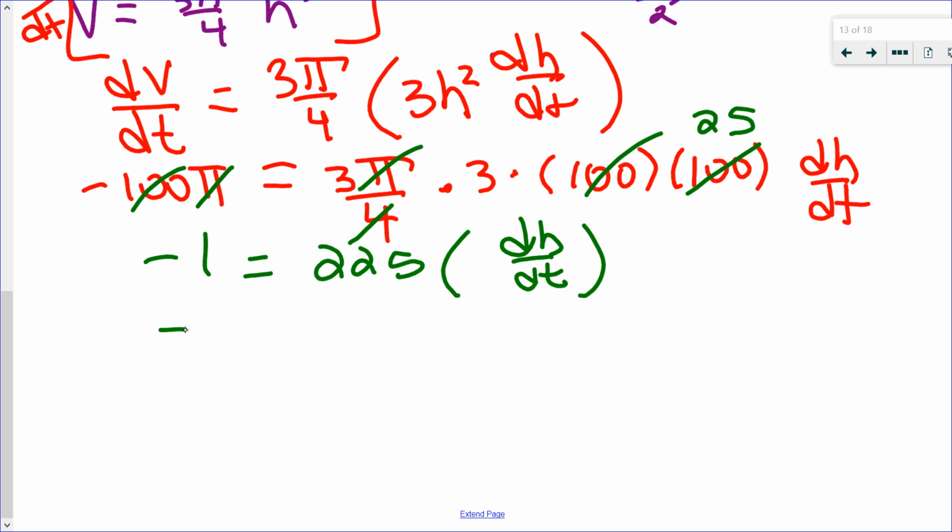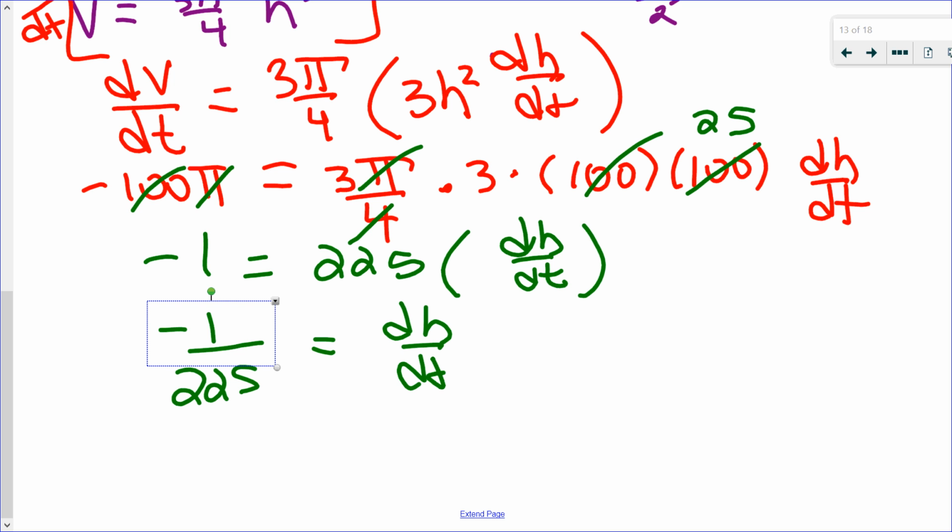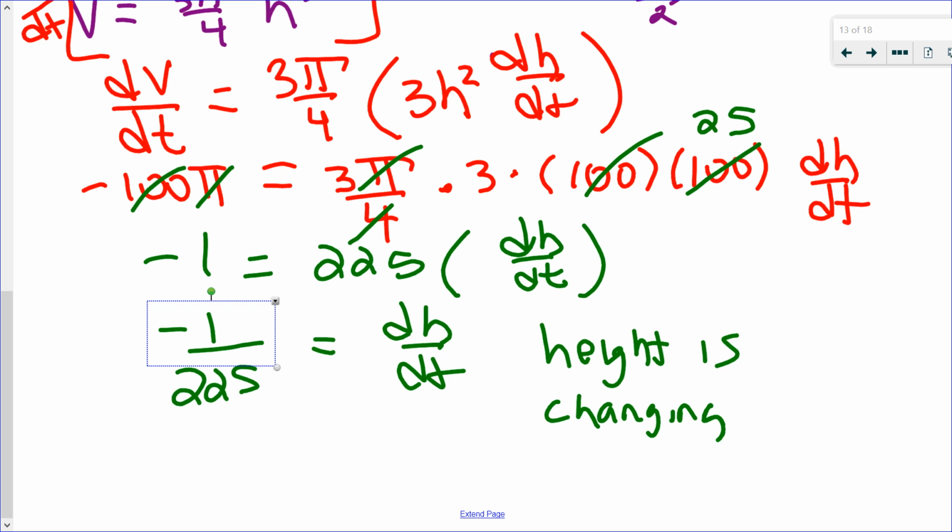Divide both sides by 225, and I get negative 1 over 225 is equal to dh by dt. So it's negative as I expected because the volume is decreasing, therefore the height is also decreasing. So the height is changing at a rate of negative 1 over 225 centimeters per second.